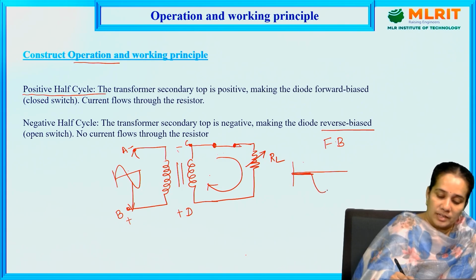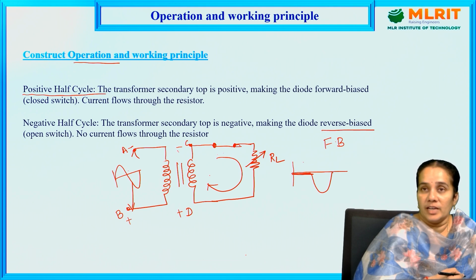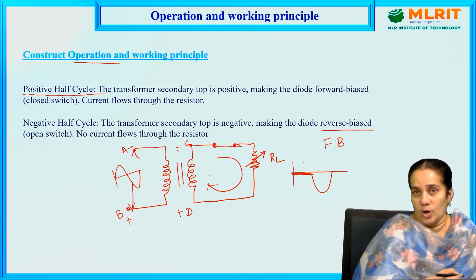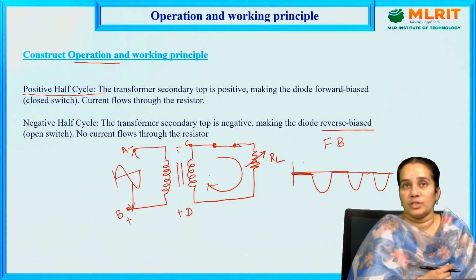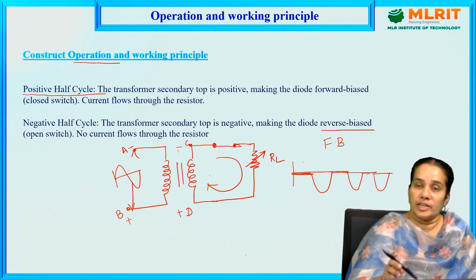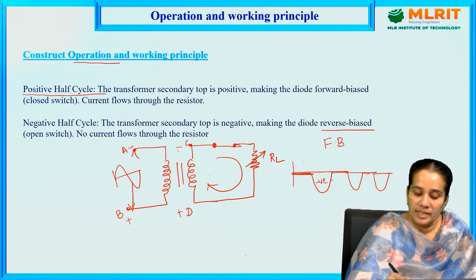Negative half cycle. So during the negative half cycle, the diode is in conduction state, and during the positive half cycle, the diode is in off state. So it rectifies only the negative half cycle. So this is the output of the half-wave rectifier. Here also it rectifies only the negative half cycle.